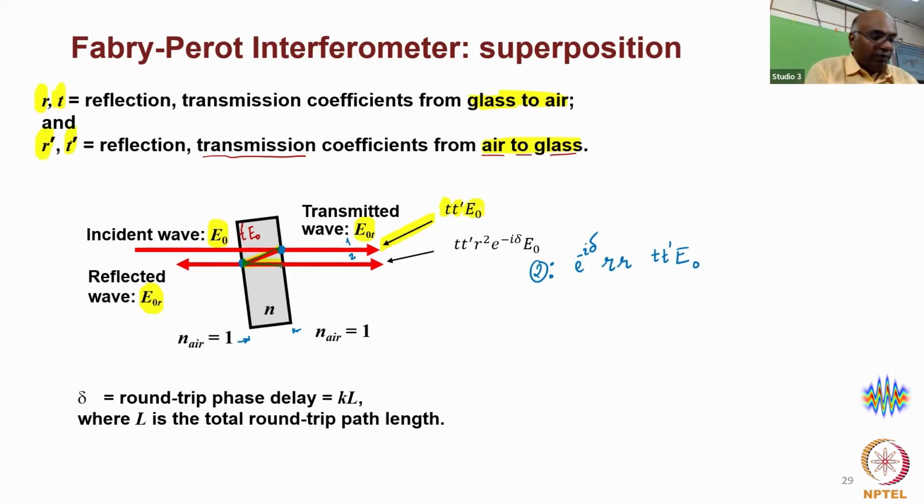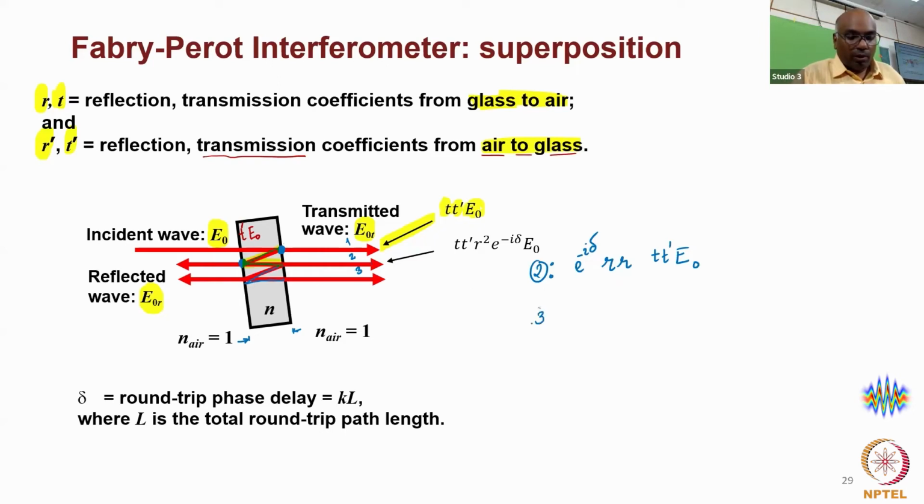Now, after this, we can create another beam by doing one more reflection, another reflection, and creating a second round trip. Let's look at that. The wave gets a second reflection, and then this forms the third piece of the total transmitted wave.